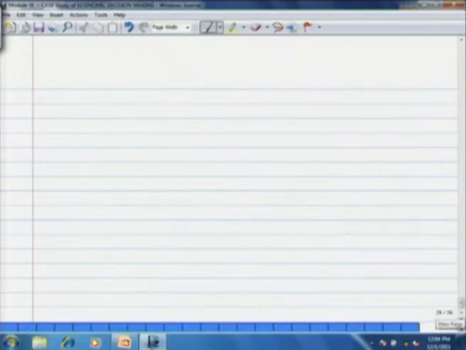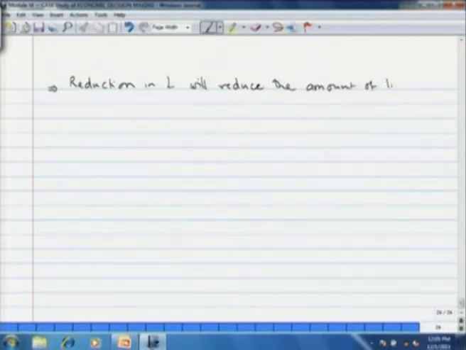Now, what further consequences will column pressure have? A reduction in L, the liquid flow rate, will reduce the amount of liquid treated by the distillation column. So, the load on the distillation column will reduce, the feed will be more concentrated. Therefore, you can have a lesser reflux ratio.